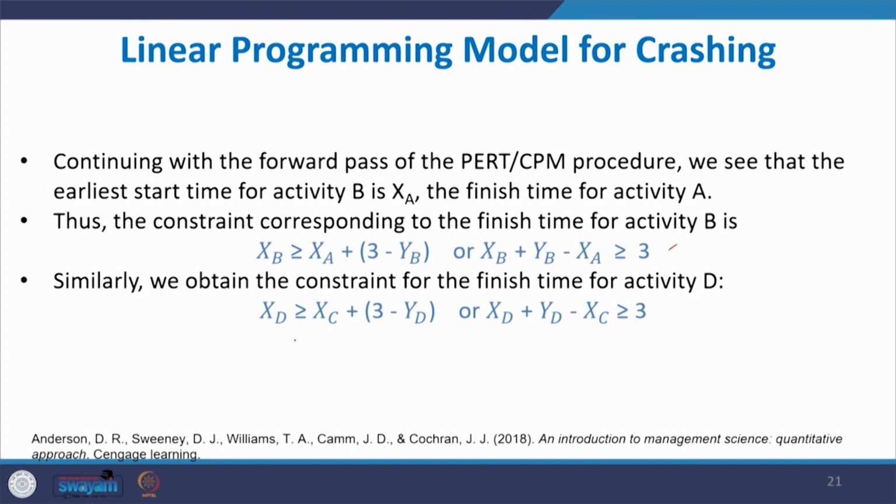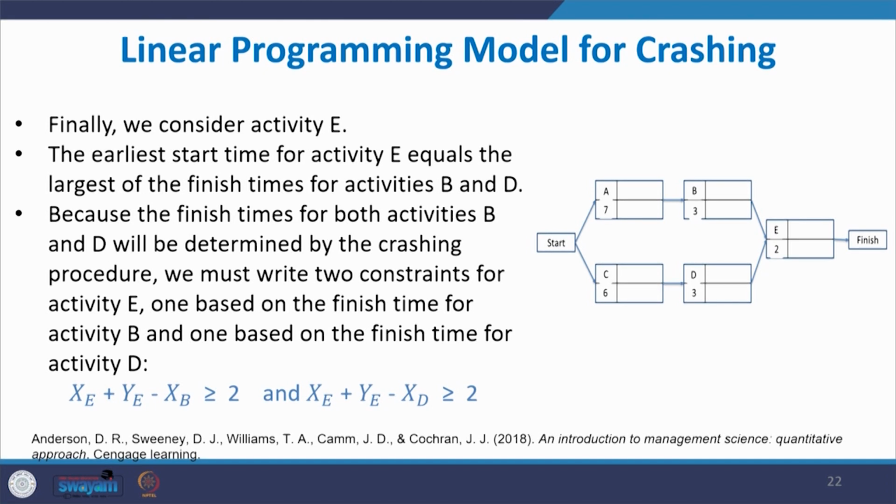Okay. So, this is activity B. Similarly, I have written for activity D. Finally, we consider activity E. What is happening here? There are two preceding activities. So, the earliest start time for activity E equals the largest of the finishing times of activities B and D, because the finish time for both will be determined by the crashing procedure.